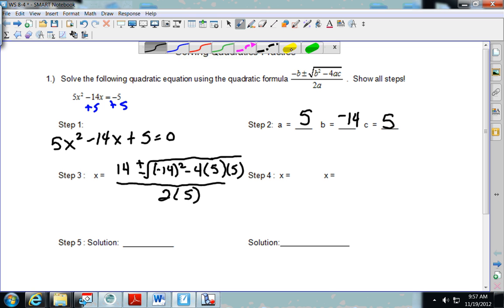So now you need to go in and put right here what's underneath the square root sign. You need to put that into the calculator.